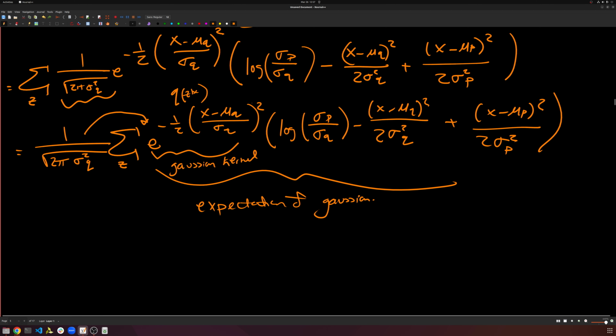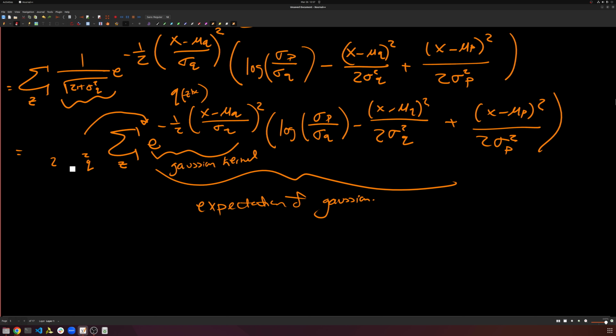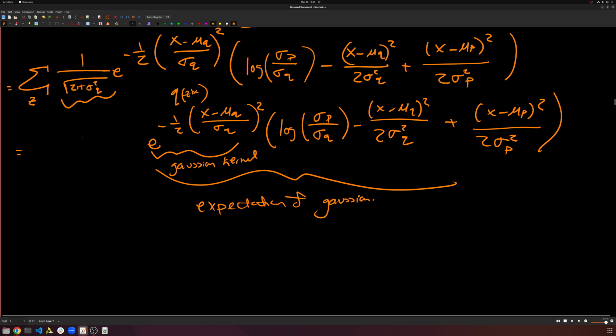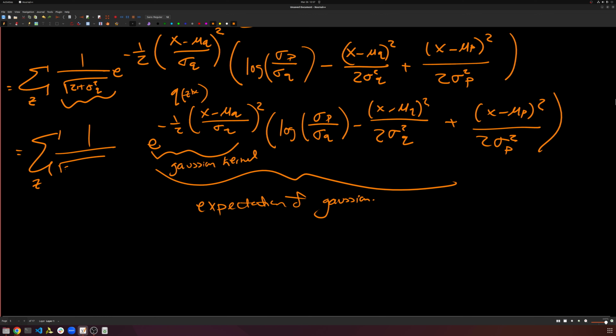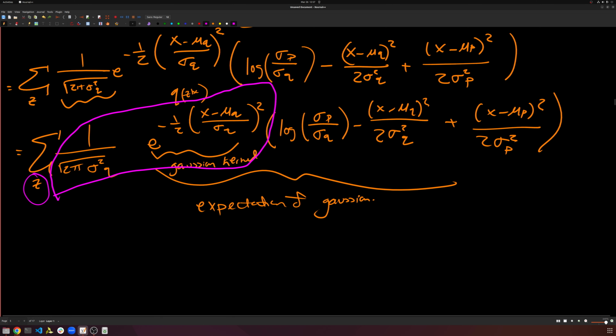So what we have is a probability distribution. Let's actually make it clean and simple. I know I pulled it out, but we don't need to do that. 1 over square root 2 pi sigma squared Q. All of this stuff here is a distribution that adds to 1 that we're summing over.